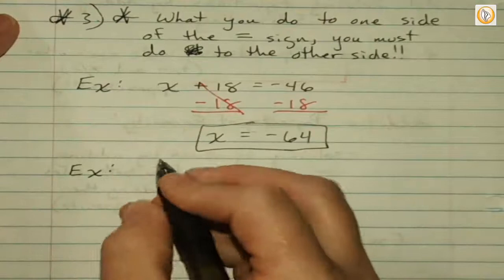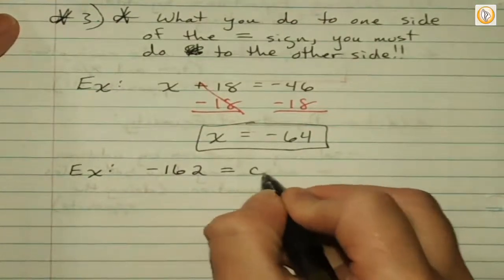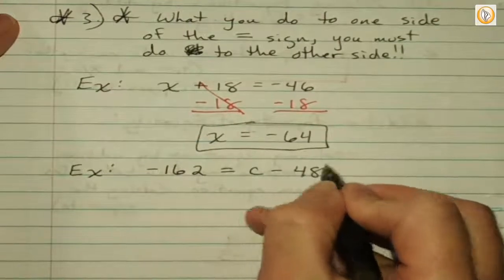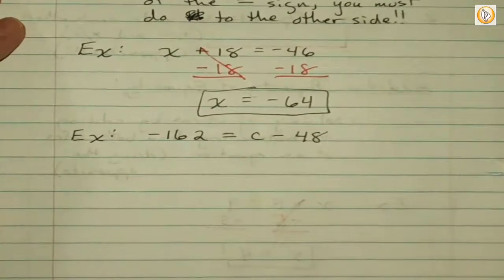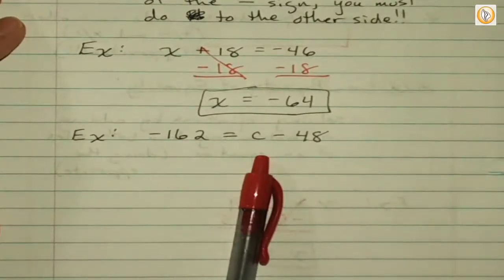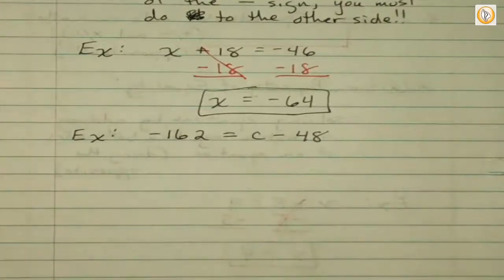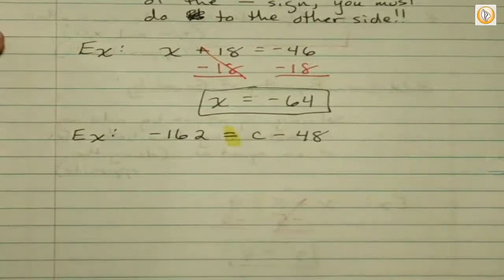Let's do another. I'm going to try to trick you up here. Madeline, do you want to try this one? Okay, write it down. I'm going to ask you some questions. Now notice the letter is on the other side of the front door. But that is okay.